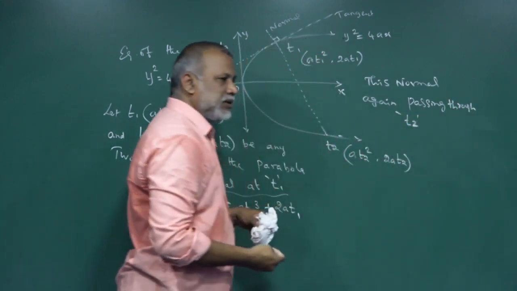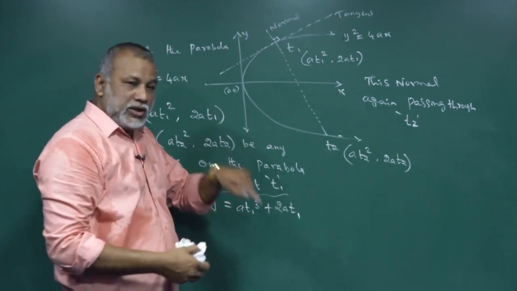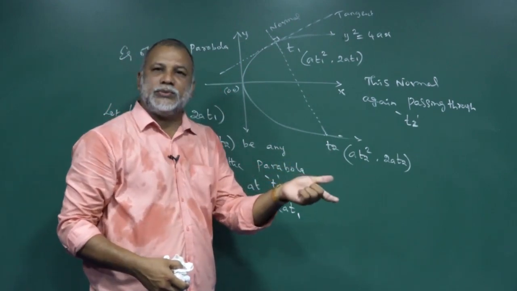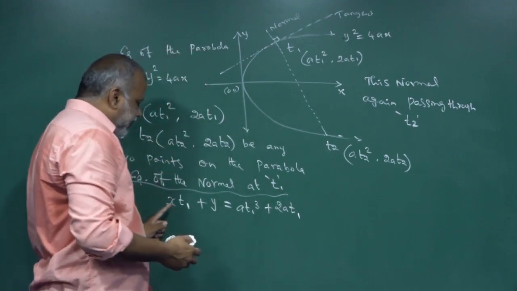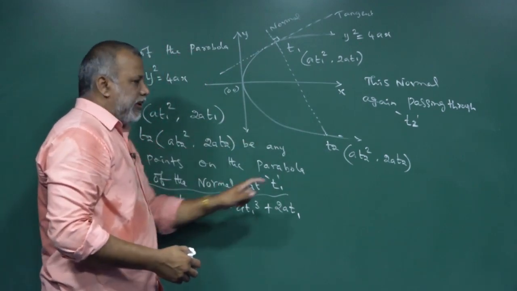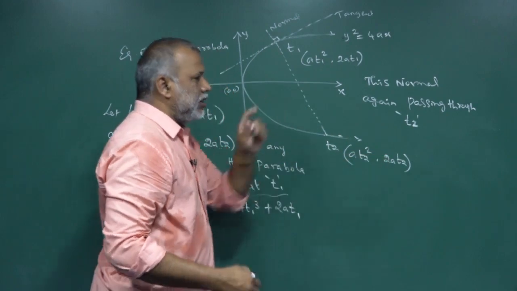So what is the procedure? If this equation is again passing through one more point, again we are going to substitute here. So now listen, instead of x comma y, I want to replace with at2 squared comma 2at2.